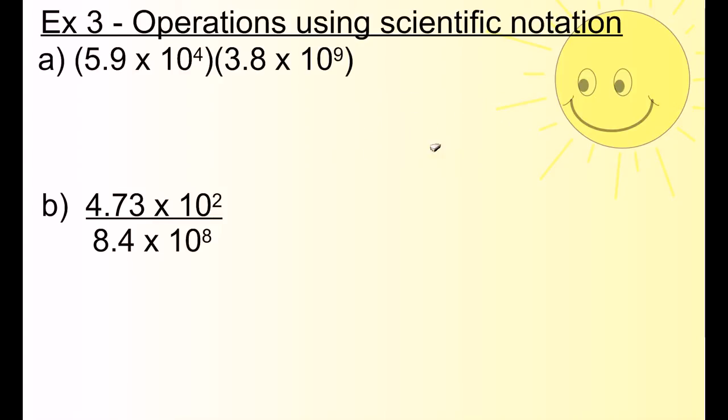But we can still do this just using a little trick, a method. So here's what we're going to do. If I take my parentheses out, this really says 5.9 times 10 to the 4th times 3.8 times 10 to the 9th, and I'm going to rearrange it.